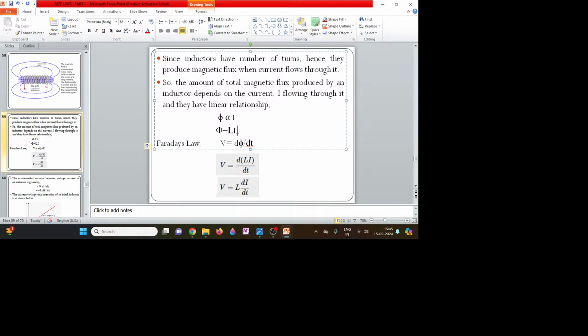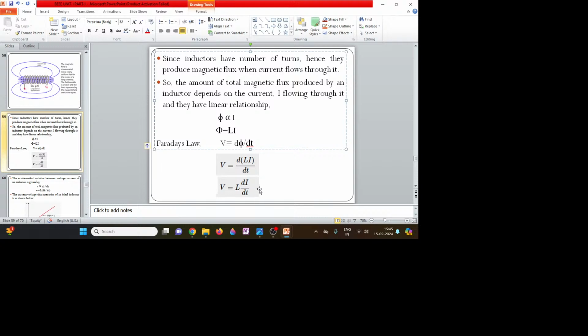What is phi? Phi equals L into I. So replace phi by L i. So V equals d by dt of L i. L is inductance, which is a proportionality constant, so you can keep it aside and write V equal to L d by dt of I.